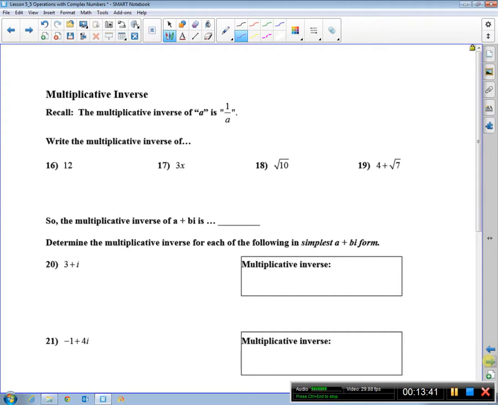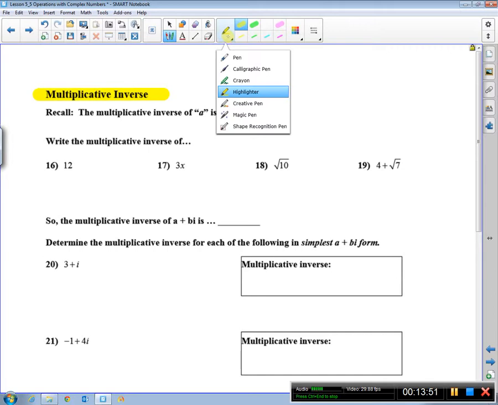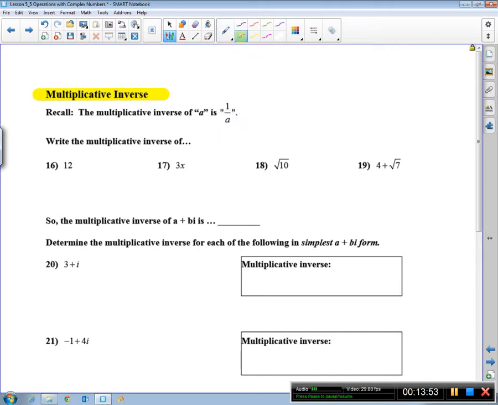So the next part says multiplicative inverse. Multiplicative inverse of anything is the reciprocal. So the multiplicative inverse of plain old a is 1 over a. So let's write the multiplicative inverse for each of these 4 items.